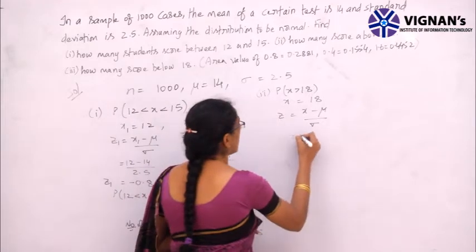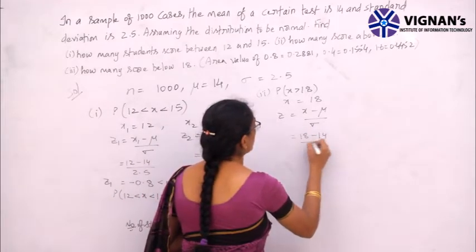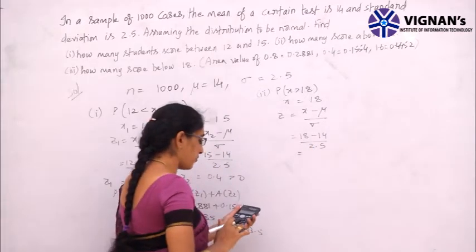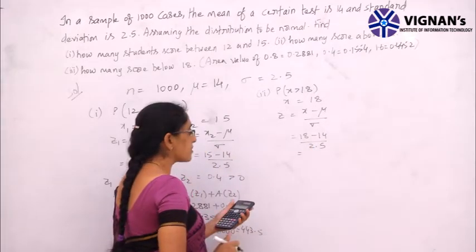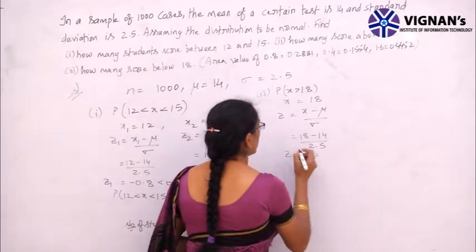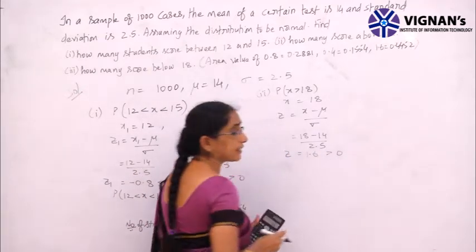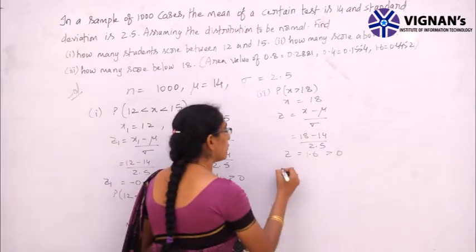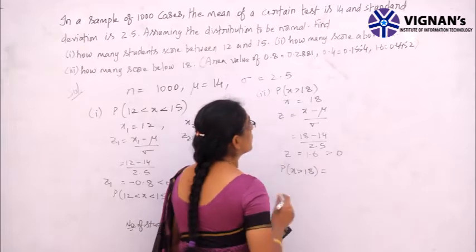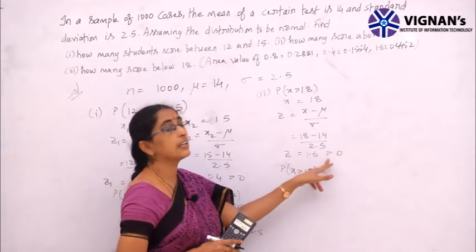So that is 18 minus 14 by 2.5. So 18 minus 14 means 4 by 2.5 is here 1.6. So z equal to 1.6 means greater than 0. And also we are finding probability of x greater than 18 here. So that means here greater than, here greater than.